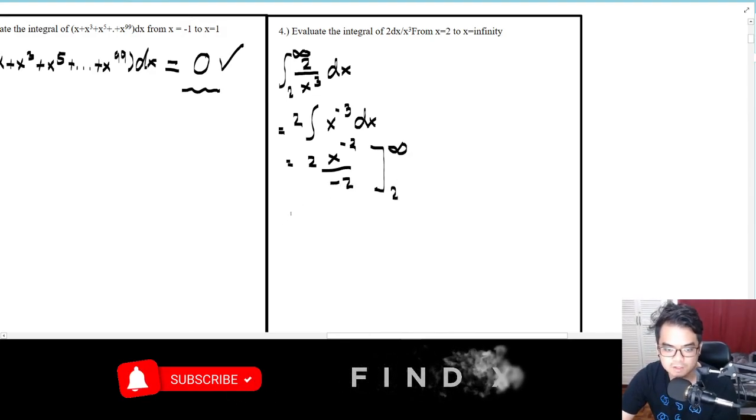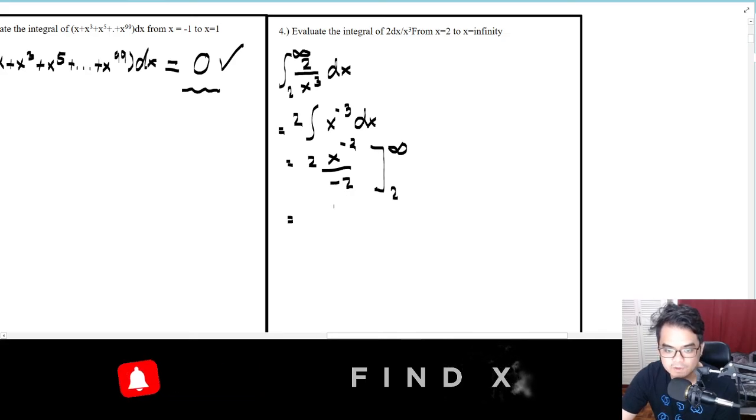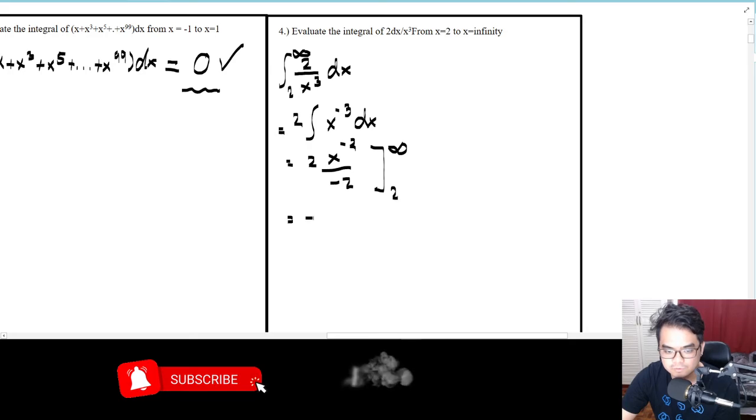Now let's simplify that. This will become negative 1 over x squared.